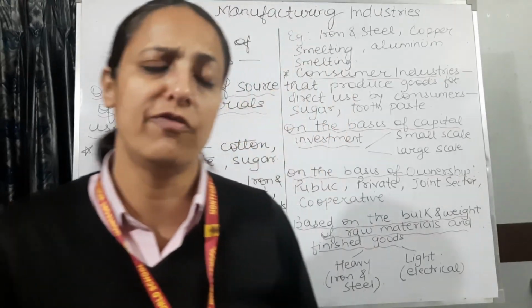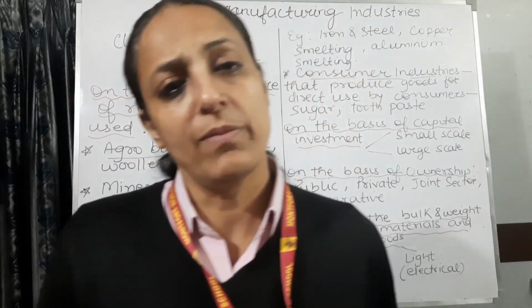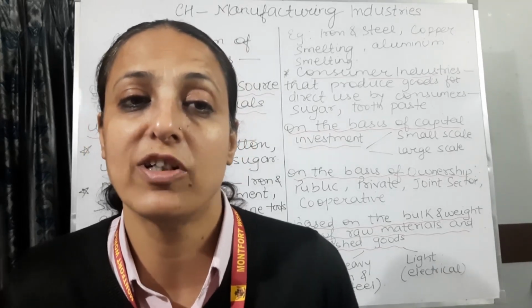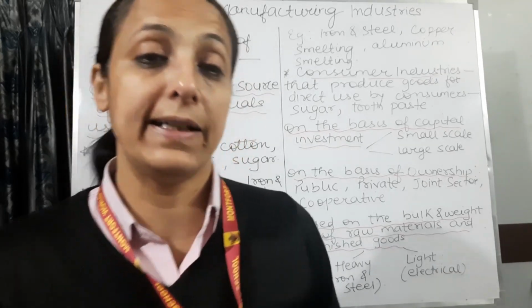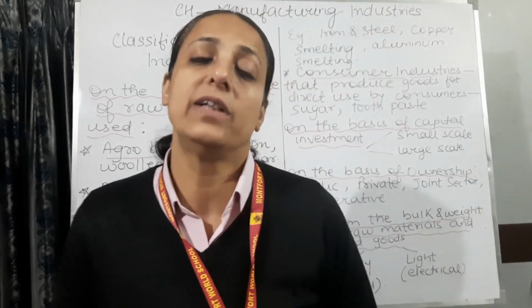Then power supply is also there, because a cluster is there and so many industries are located together. Then the favorable climate for spinning. And then after that, the capital market is also there.